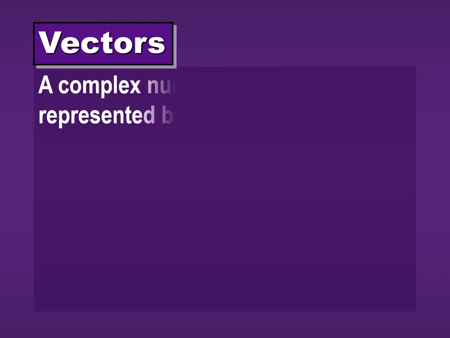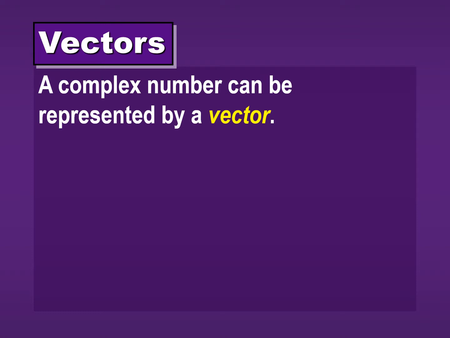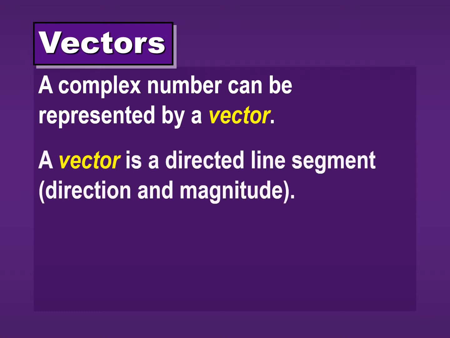A vector is just a complex number that is represented with direction and magnitude, so a vector can be represented by a complex number. Direction is like the angle, so 30 degrees northwest, or 30 degrees north, or 70 degrees south, all that type of direction.